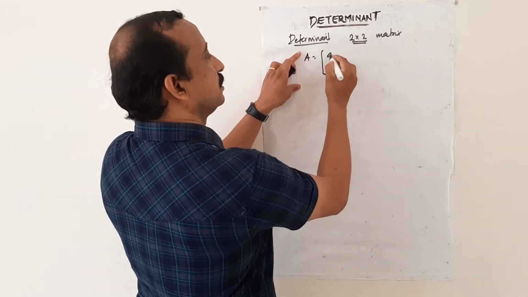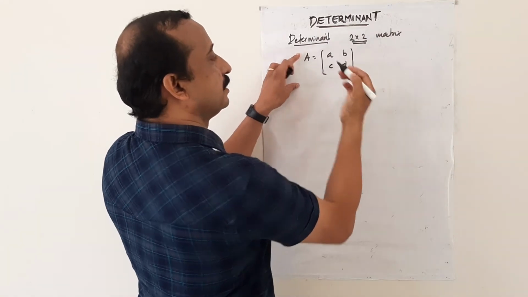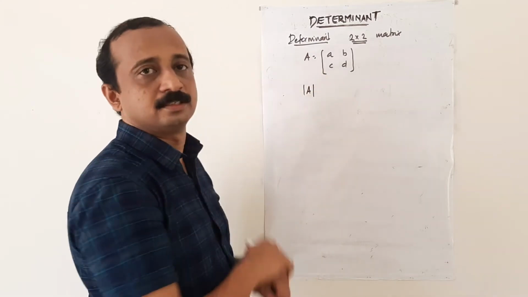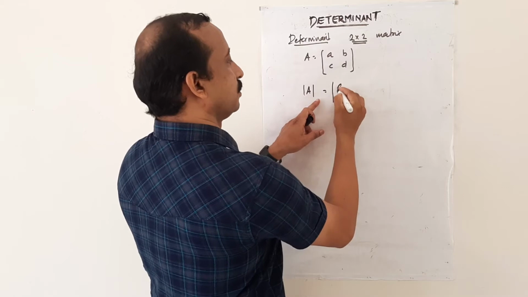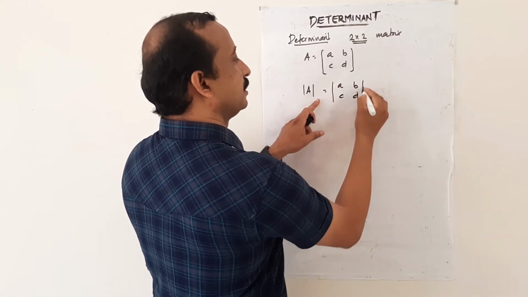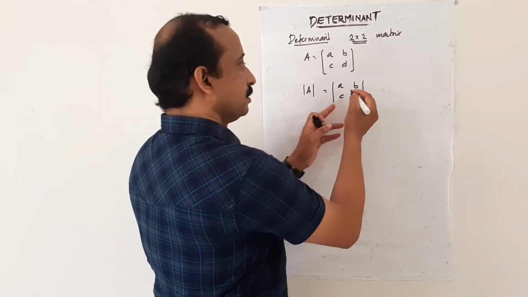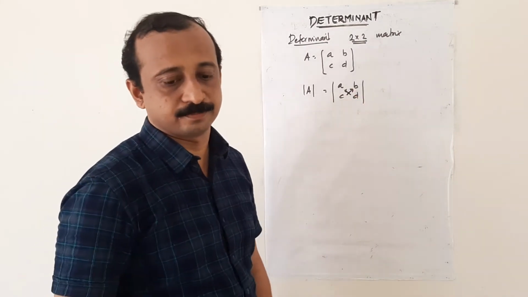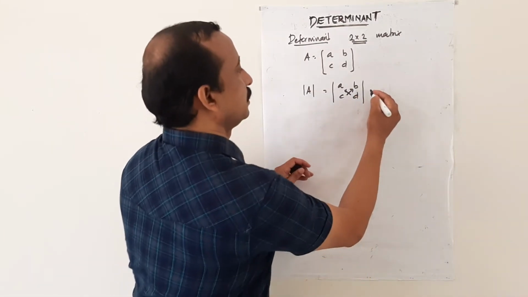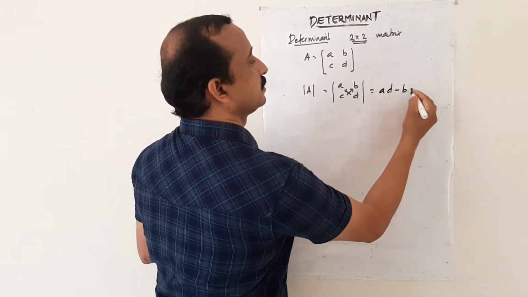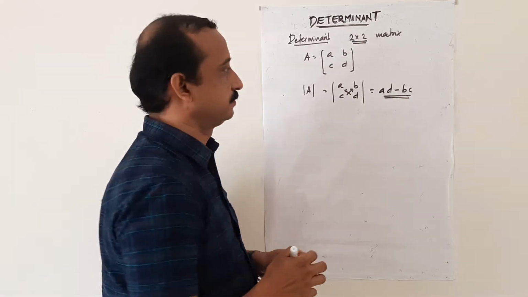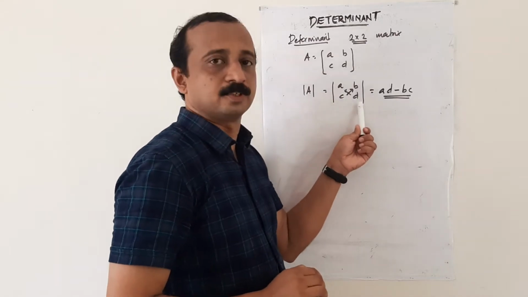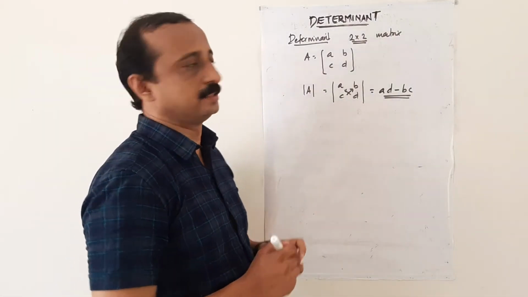Suppose you take a matrix with elements A, B, C and D. The determinant of A, with this symbol, is equal to the determinant of A, B, C, D. You multiply the principal diagonal elements minus the off-diagonal elements. That is equal to AD minus BC, the product of A into D minus B into C. Multiply the principal diagonal elements minus the off-diagonal. AD minus BC. That's all.